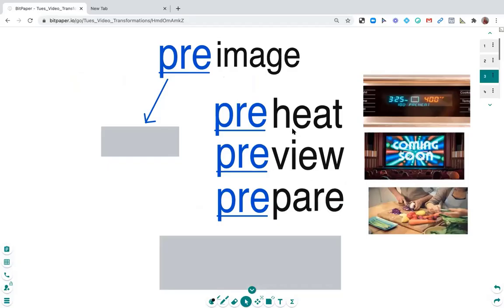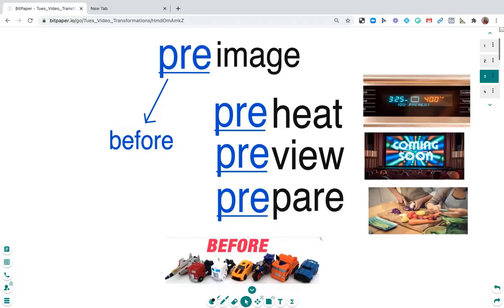If we watch the previews at a movie theater, well, those are the advertisements that come on before the actual movie itself. If we're preparing dinner, we might be chopping vegetables. We're getting ready to actually make dinner. So pre means anything that we're doing before.